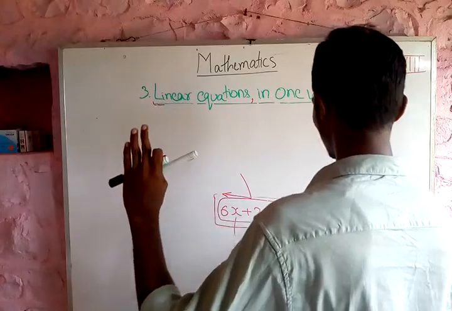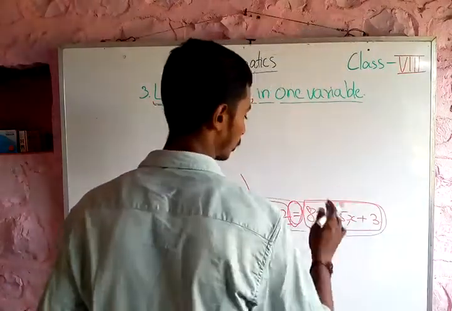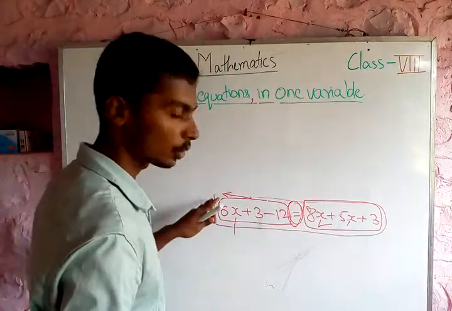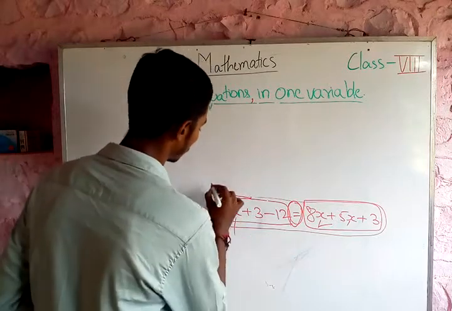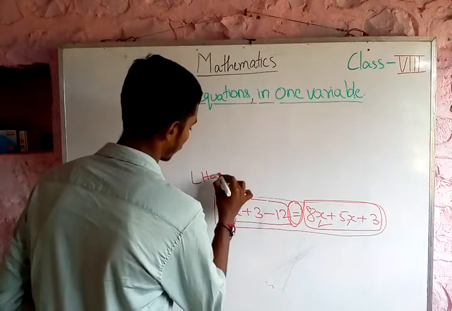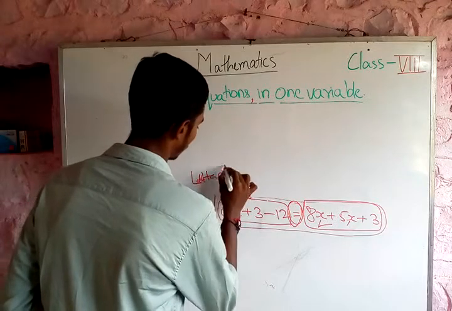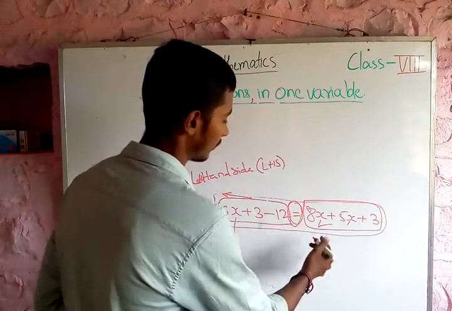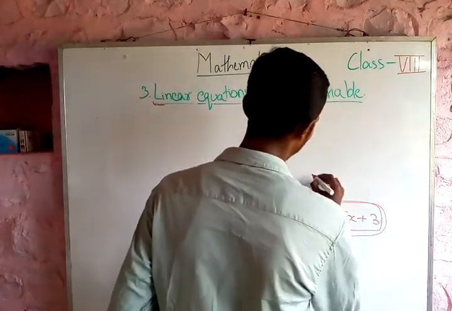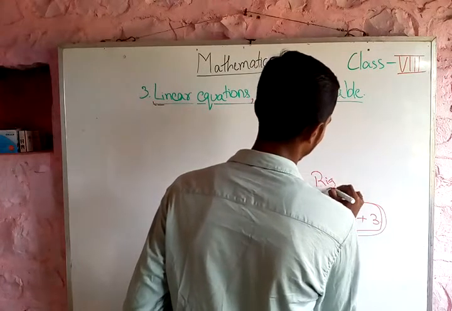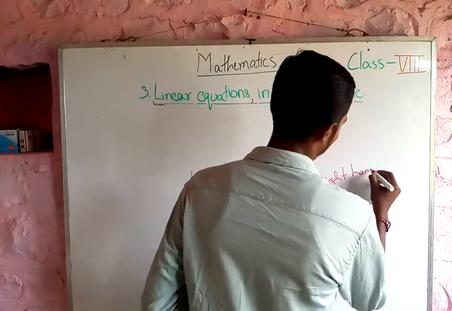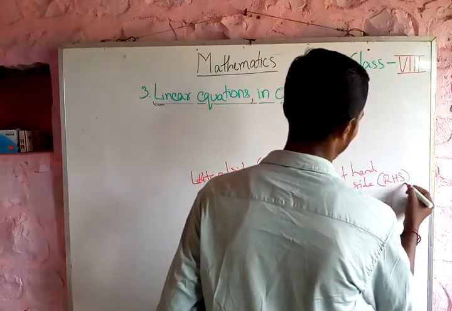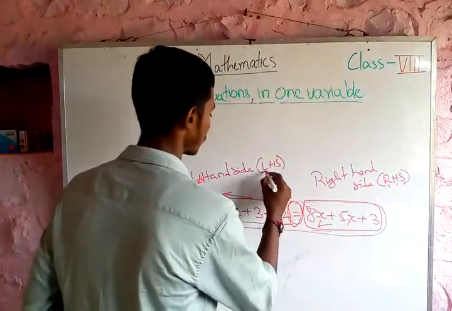So this is on the left side of equal to, and this is on the right side of equal to. The expression on the left side of equal to is called the left hand side, or shortly LHS, and the one on the right is called the right hand side, or shortly RHS.